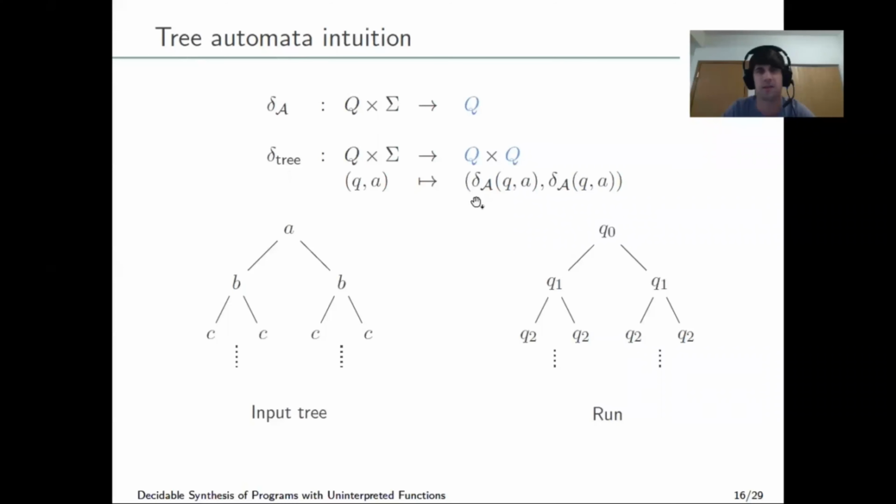So if we're taking A to be this hypothetical automaton which accepts correct executions, then this delta tree transition function would define a tree automaton that accepts execution trees whose branches are correct executions. This is a key idea that we'll use in our solution for program synthesis, simulating a word automaton on the branches of a tree.